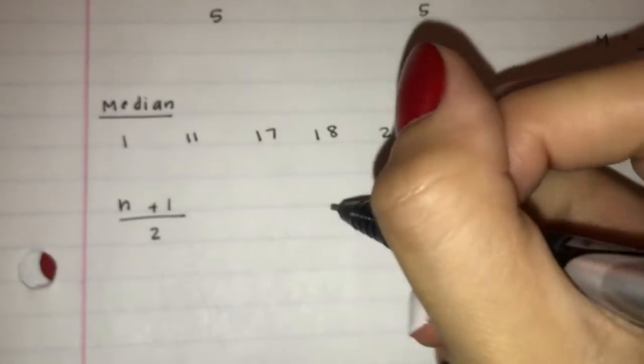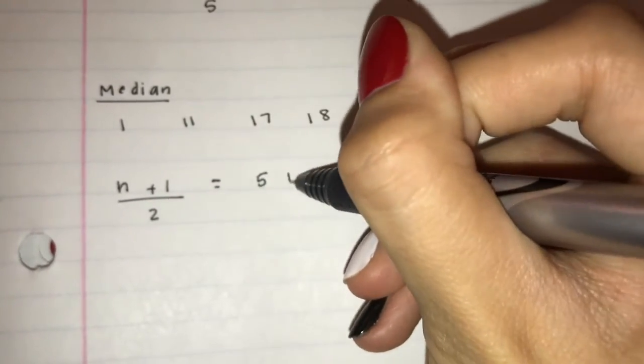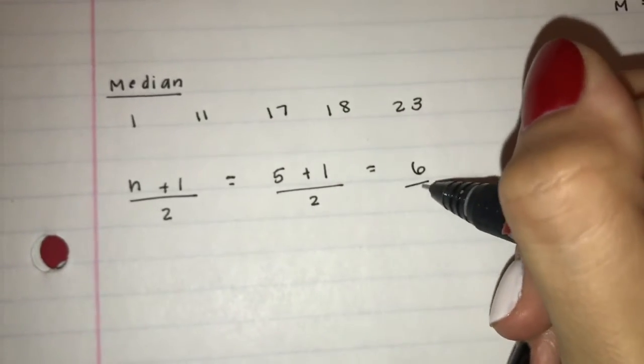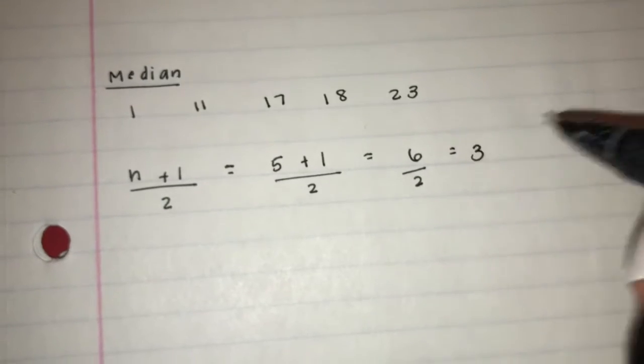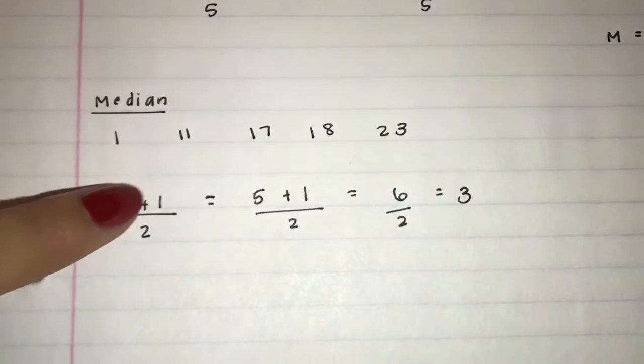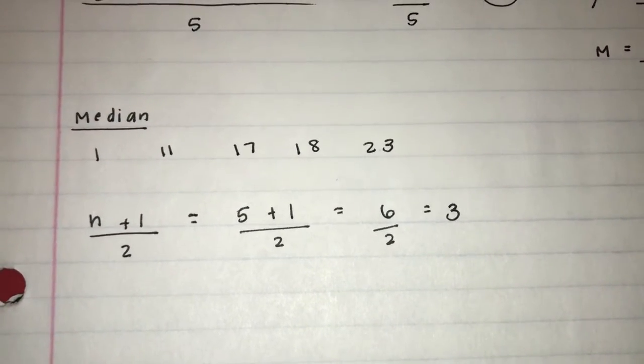So this is going to equal 5 plus 1 divided by 2. 5 plus 1 is 6, divided by 2 is 3. So another note is that before you calculate the median position, you have to order your data in numeric order.